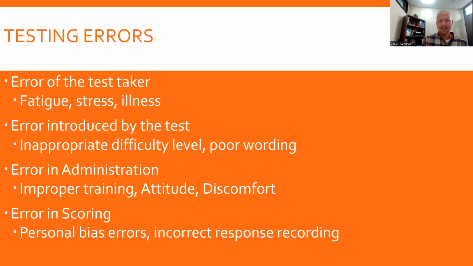Or errors introduced by the test. So this might be maybe an inappropriate difficulty level. I know with some of the assessments based on the child's age, we start at a particular level. If they don't meet that, then we have to go backwards.